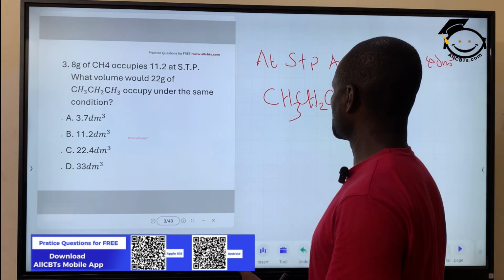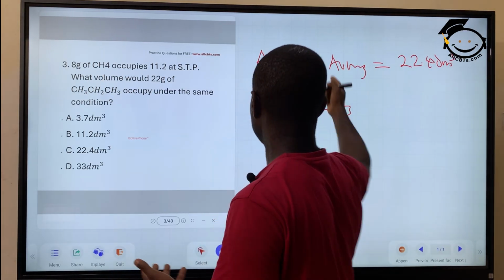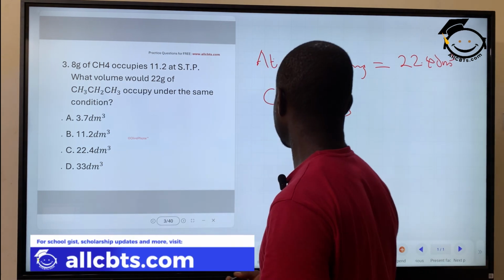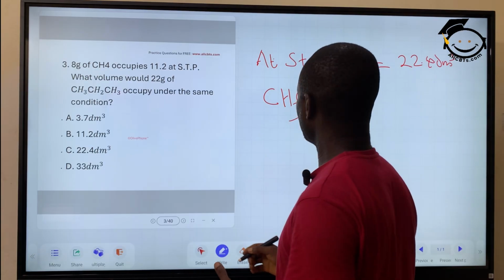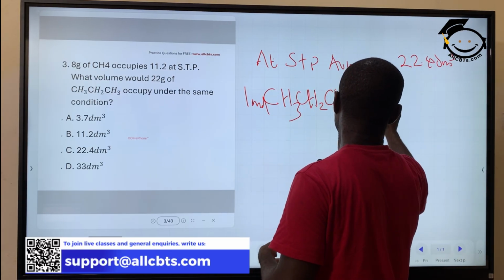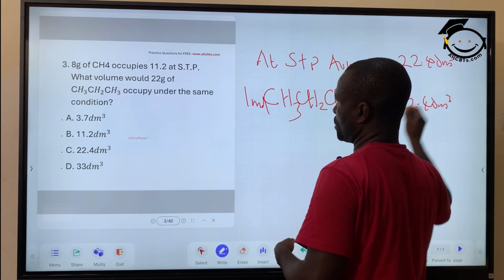According to Avogadro, 1 mole of a gas will occupy 22.4 dm3. So we are not concerned about methane, but about propane. First of all, 1 mole of this gas will occupy 22.4 dm3, according to Avogadro.